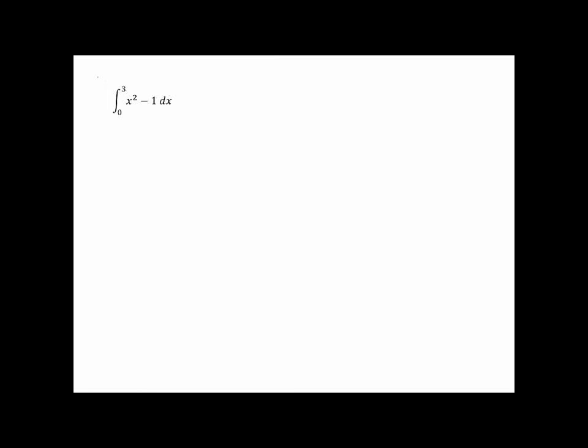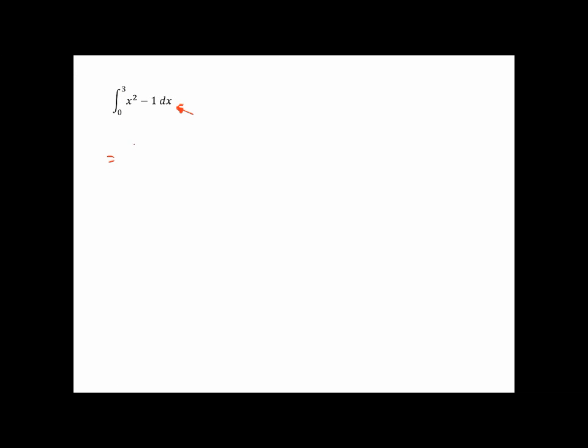This is the definite integral. As long as I see the limits, I want to solve the integral first and then plug in the numbers, so I won't mess up the problem. Okay, so for this one, this is very simple, but I picked this one because we want to know how to plug in numbers.